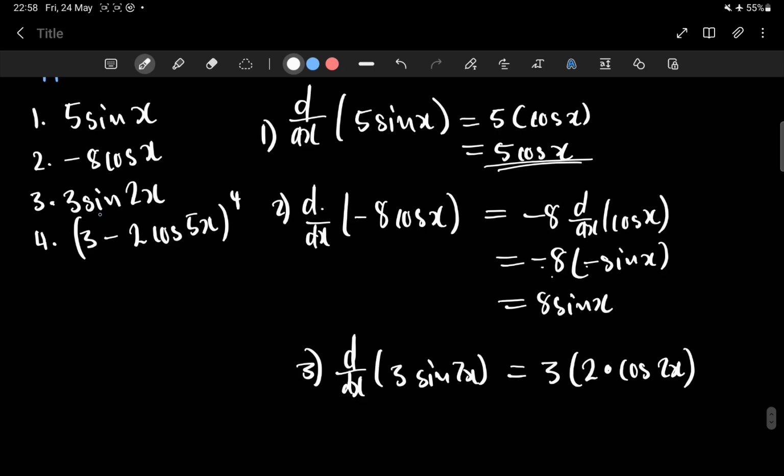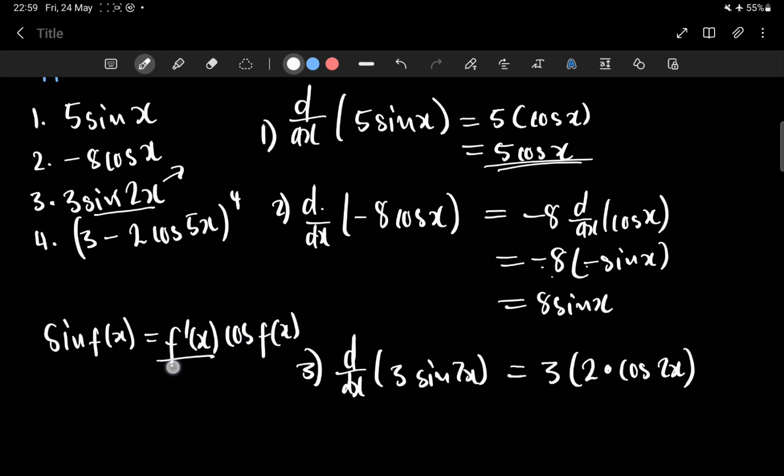Remember, the derivative of sine 2x is cos 2x, but because it's a sine 2x, there's an f of x, you should differentiate the 2x first. We say the derivative of sine f of x is f dash x times cos f of x.